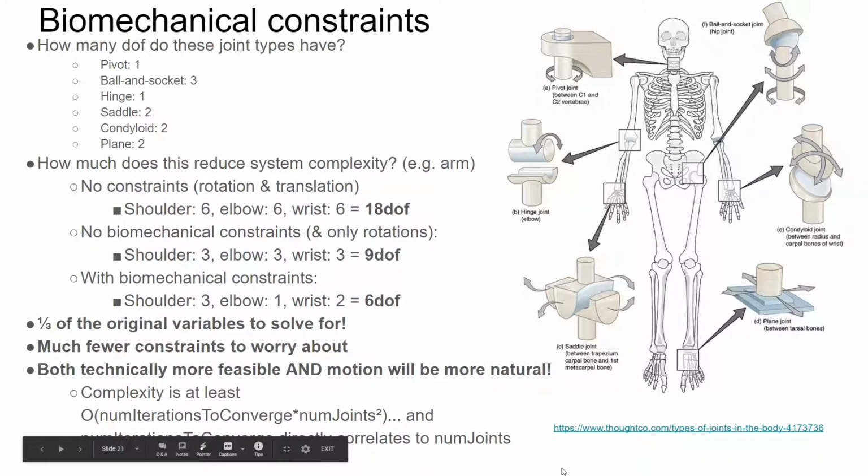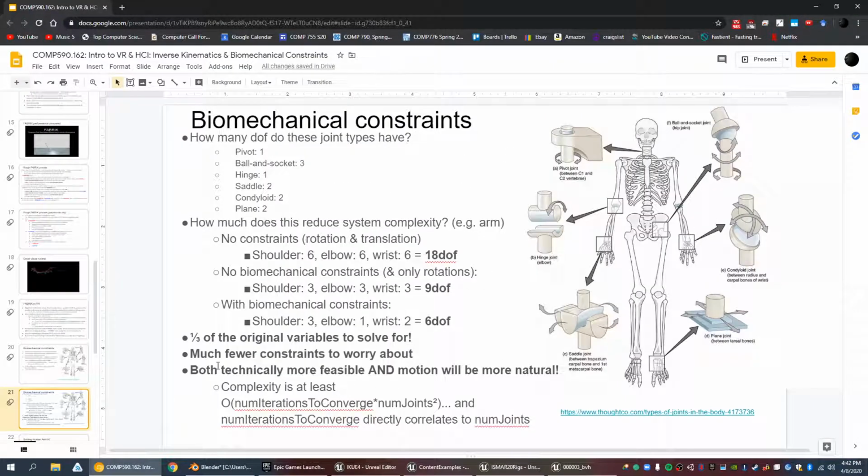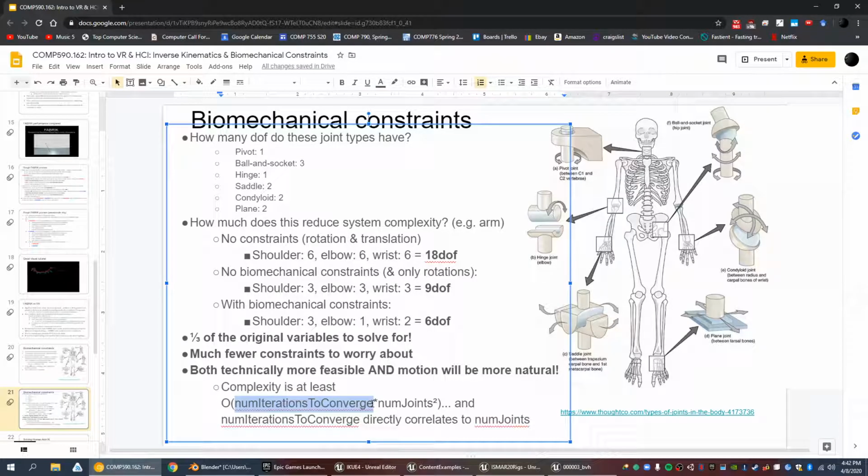So if you think of it this way, algorithmically, I hate the Google Slides thing. Your complexity for something like FABRIK, for example, would be basically the number of iterations that it takes to converge. So for that chain that we saw in the video, there were like 9 joints and it required 15 iterations, times the number of joints that you have squared, because you have forward steps and backward steps, which both iterate through all the joints.